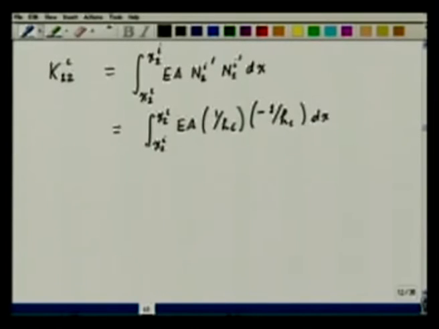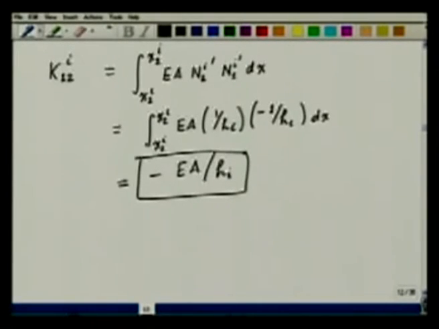So by doing this integration, it becomes minus EA by HI. Actually, for the previous expression also, it is not EA by HL, it is EA by HI, because we are talking of the ith element, not the lth element. So this is what k12i is.